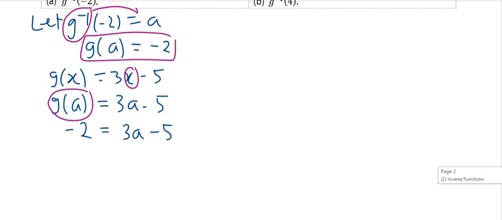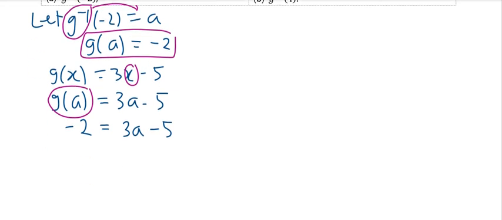So let's proceed. You have to solve for a. 3a minus 5 equals negative 2. I'll just flip this equation, changing right to left and left to right. So 3a minus 5 moves to the other side.